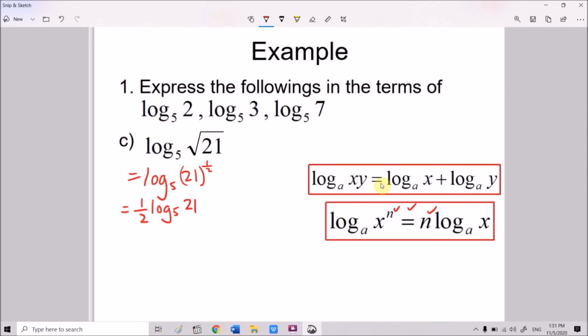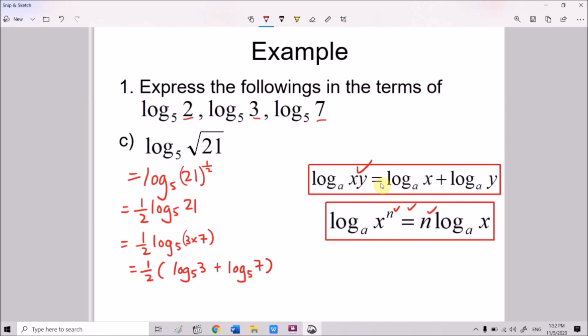And now we will need to do something with the 21 here, so that we have a combination of 2, 3, and 7. So 21 is actually 3 times 7. You have log 3 times 7. Right? So using this product law here, we can rewrite this as 1 over 2 log base 5 of 3 plus log base 5 of 7.